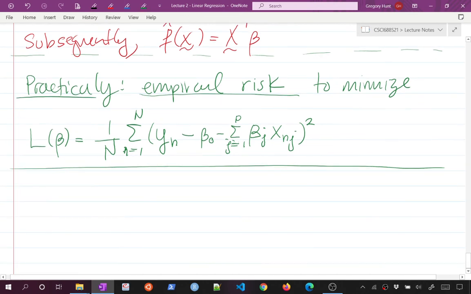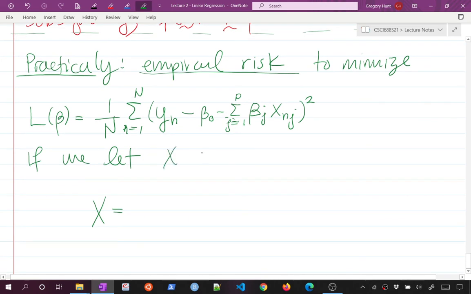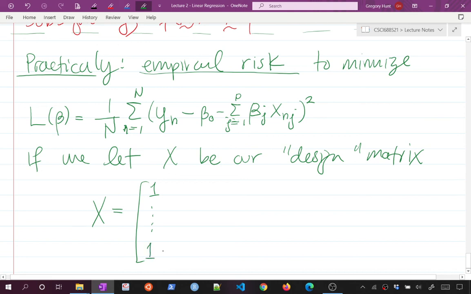So it turns out if we let capital X be our, quote, design matrix. Here our design matrix is going to take the following form. It's going to have ones down the first column, and then our x n j, so x n 1, x n 2, through x n p.